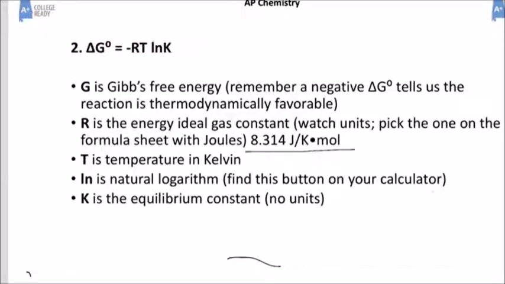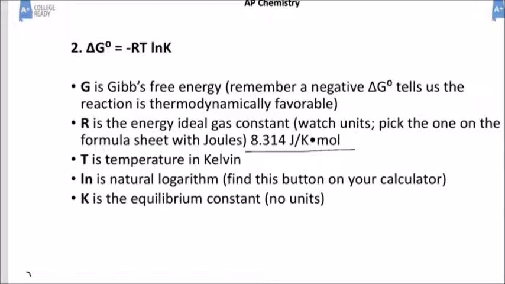So again, you just want to be aware of that, because it is a common mistake, unfortunately, that students will plug in the wrong value, and that obviously is going to cause a lot of problems. T is temperature, so this RT is the same RT from PV equals nRT with the different R value. Ln is natural logarithm. This is a button on your calculator.